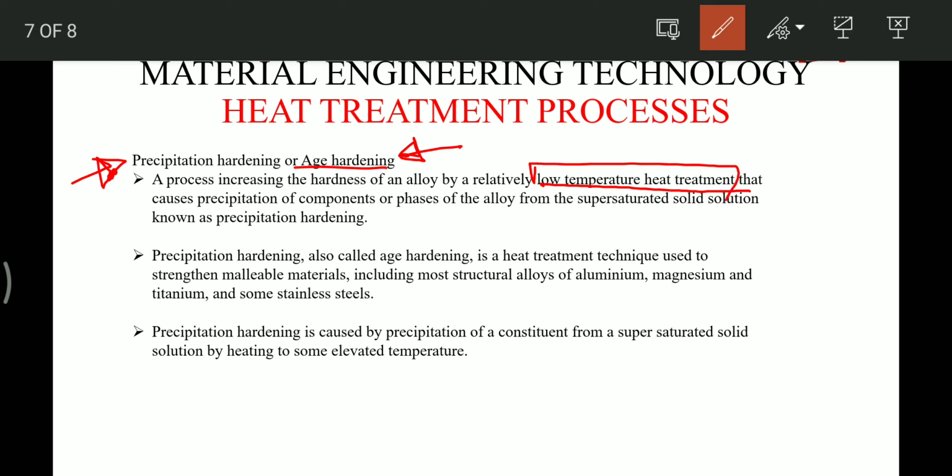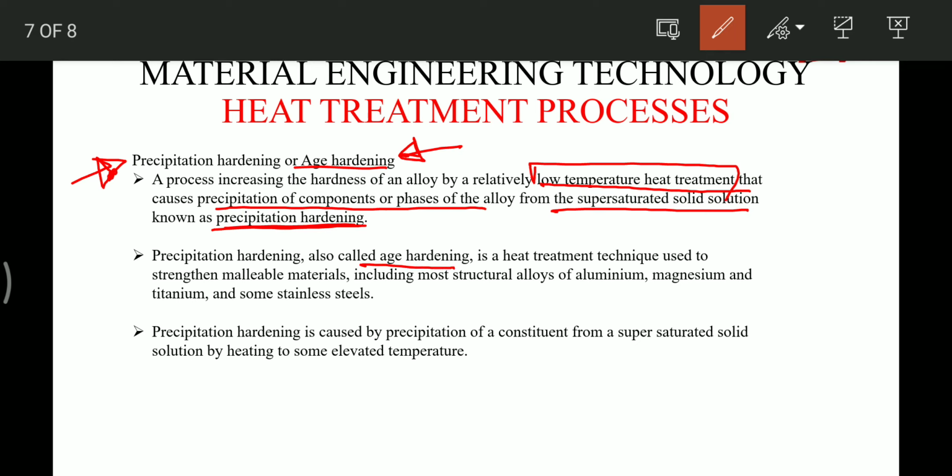So what happens at low temperature, the components or the phases of the alloys get precipitated out of the supersaturated solid solution. Okay friends, that is why this is called precipitation hardening. Precipitation hardening is also called age hardening.